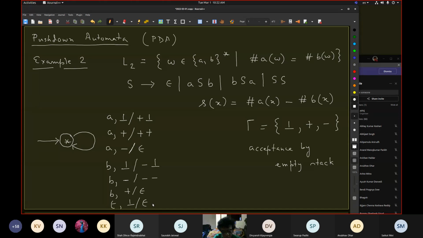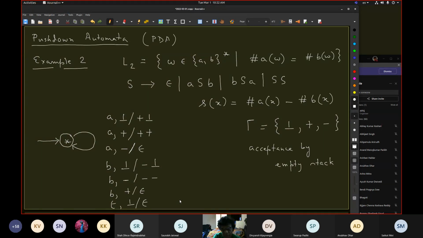There may be multiple possibilities, and if you make some wrong choice, a wrong decision at some point of time, you may end up in a situation which is not the intended one.